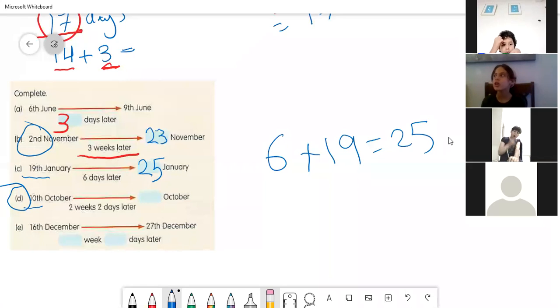So how many days are there in 2 weeks and 2 days? The weeks are 2 and the days are 2. If we want to find it in days, how many days?